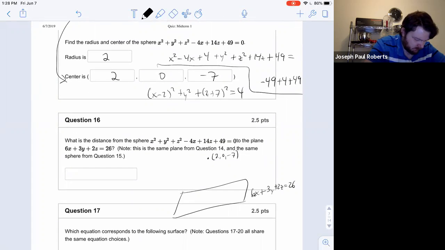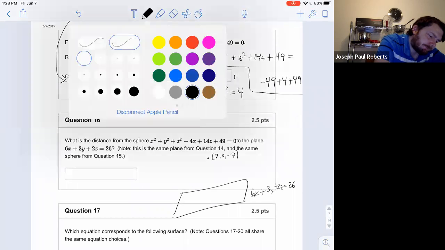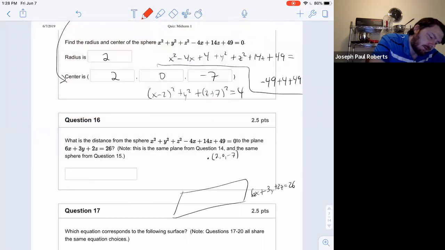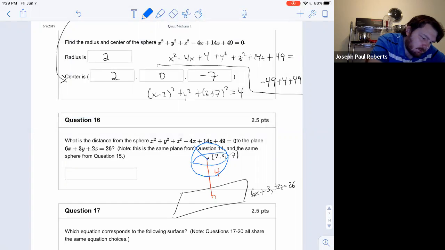In question 14, you saw that this distance was 4. To get from the point to the plane, that was 4 away. In question 15, you determined that this sphere that we're talking about is radius 2.